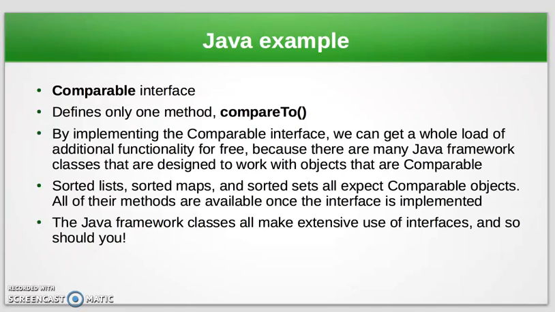The Java framework classes all use interfaces extensively, and that should be a clue to you that you should be using them in your software too, because the guys who write Java probably know more about it than anybody else. So you can probably bet that if they're using interfaces, you should be using them too.